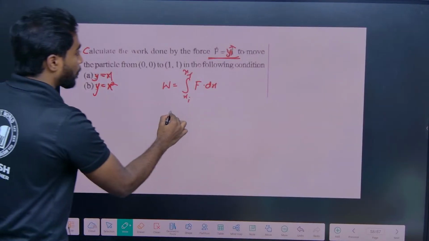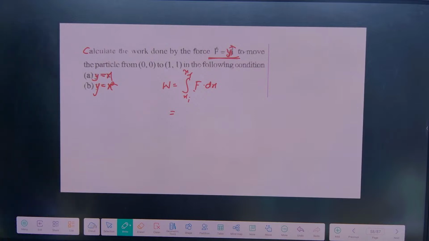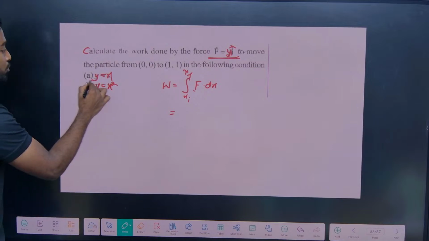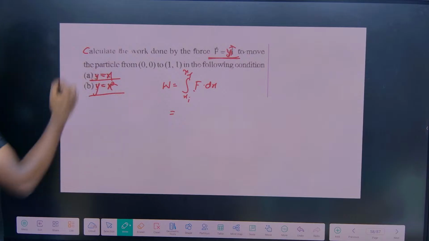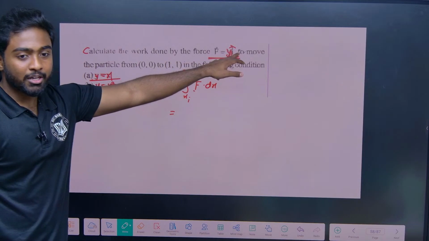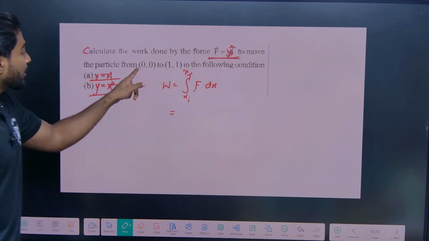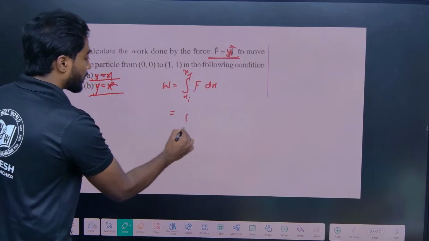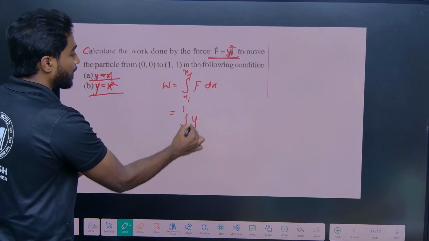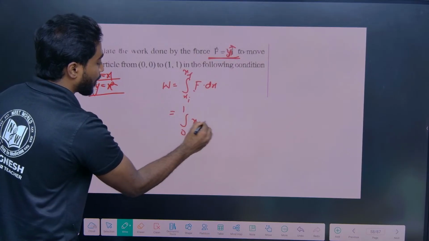What is F here? y is the variable they have given, so I should take either x or x square for the two conditions. And i cap means the x axis. So from 0 to 1, x dot dx.